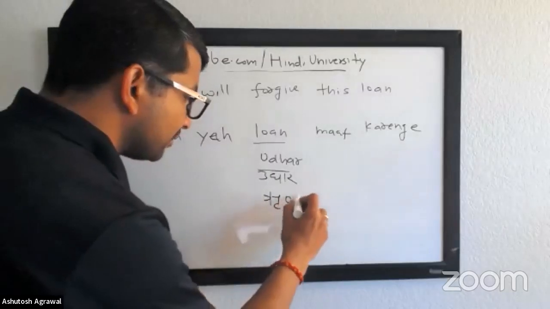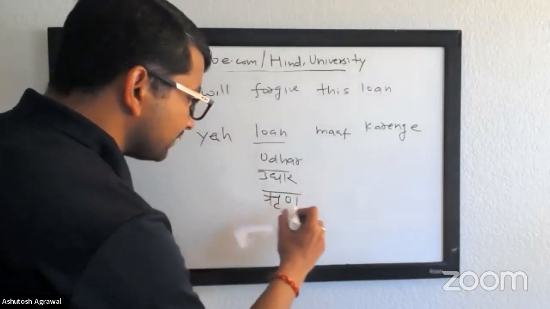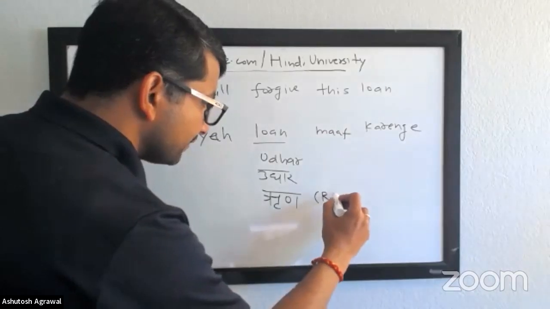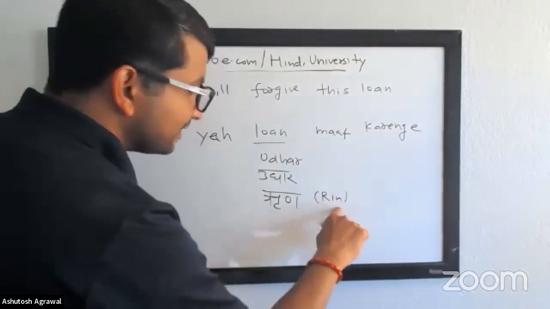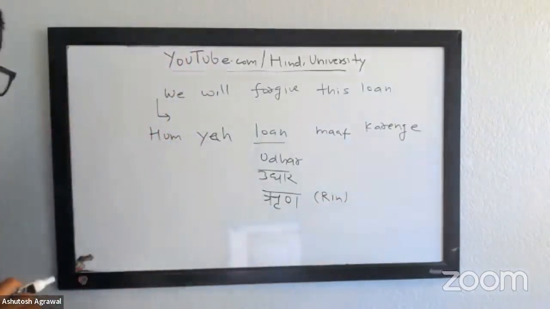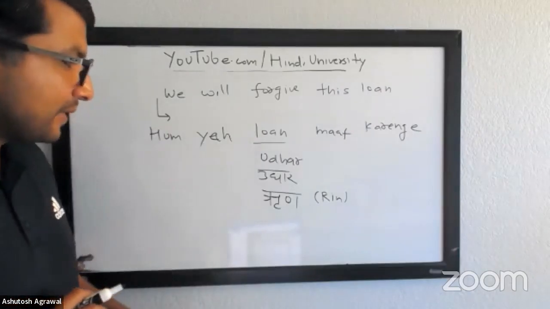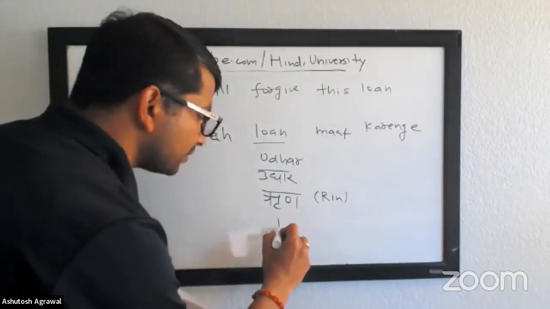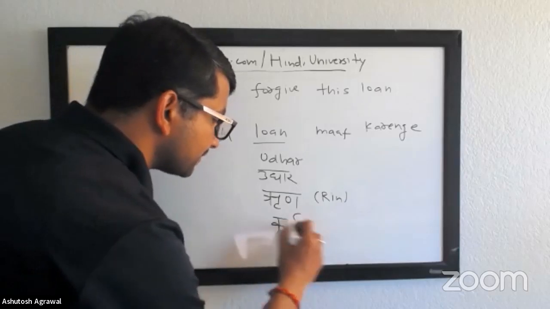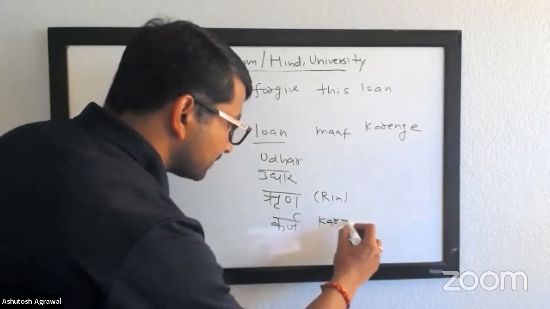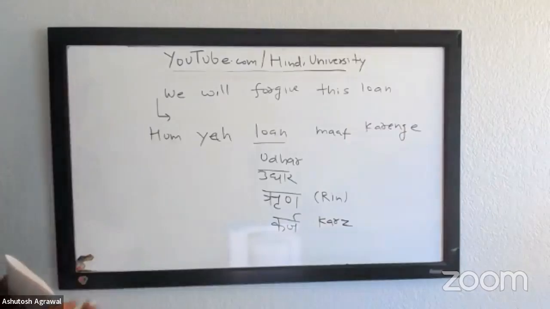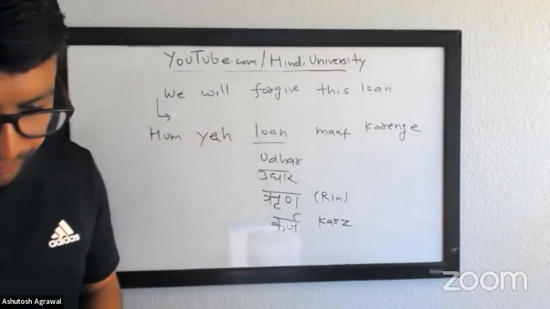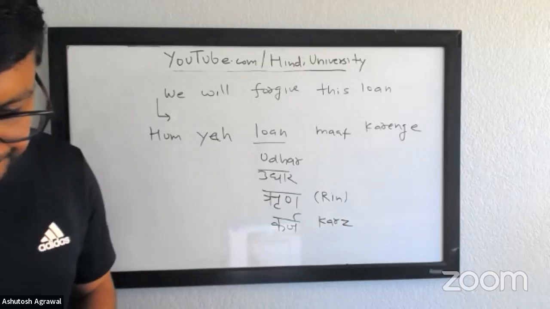You will see this term also, ऋण, which is said in a slightly different way. हम ये ऋण माफ करेंगे. You will also hear this word, कर्ज. हम यह लोन माफ करेंगे. We will forgive this loan. Okay.